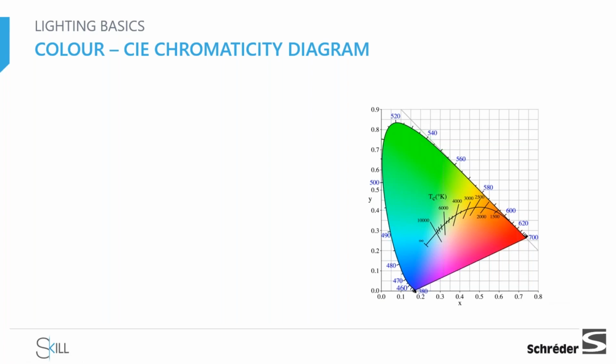Any color that comes to our mind will be in this graph. Each color here, wherever you put your pointer, is defined by a pair of numerical coordinates, which we call the chromaticity coordinates.